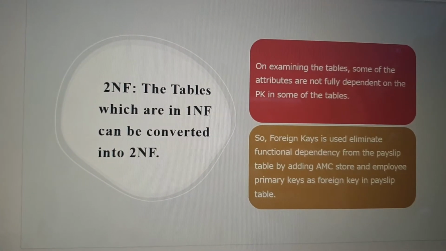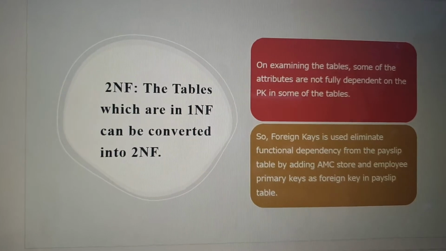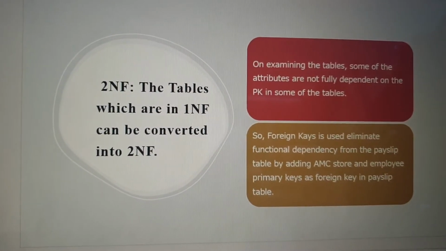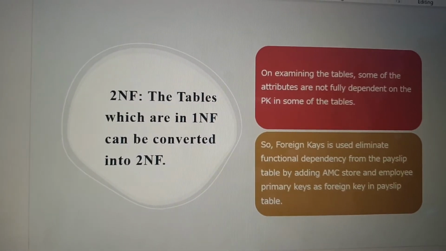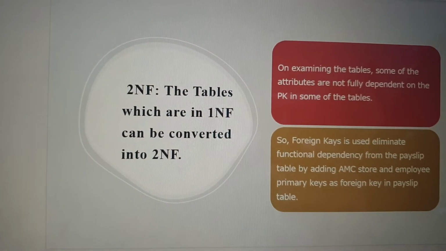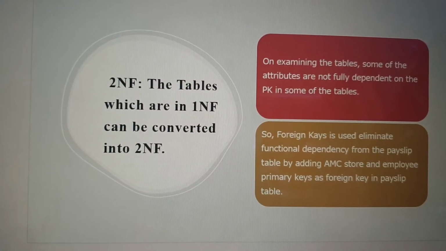So if first normal form is not satisfied, we go to second normal form. In this table we convert first normal form to second normal form to make it satisfied, and if we are not satisfied with this, we go to third normal form and make everything satisfied there. In this one, we examine the tables.